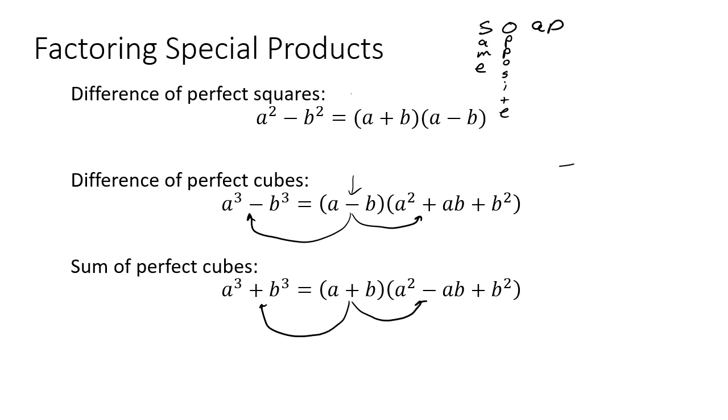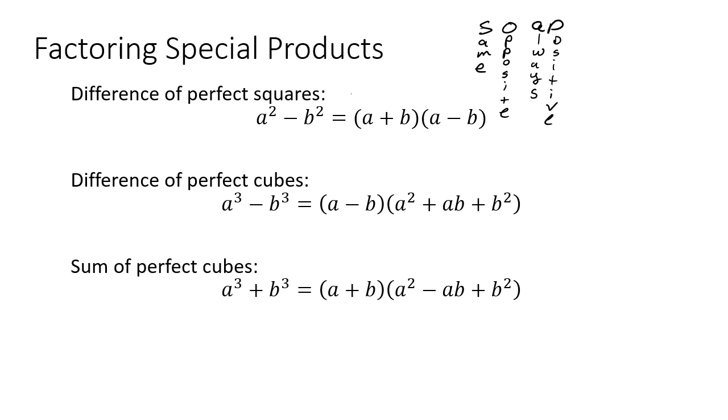And then the AP for the final sign stands for always positive, because the final sign is always a plus no matter what. Same, opposite, always positive. SOAP. So if you've got a cubed minus b cubed, same, minus, opposite, plus, always positive, plus.